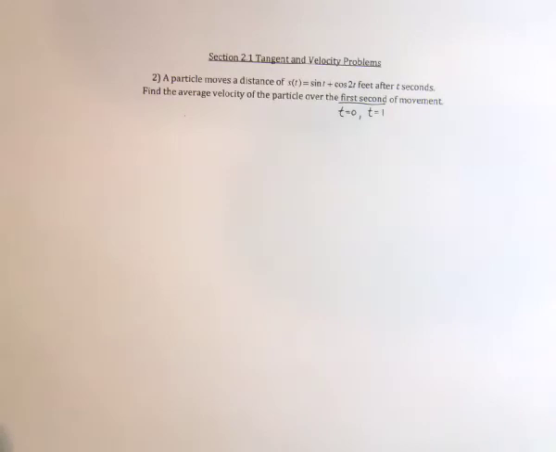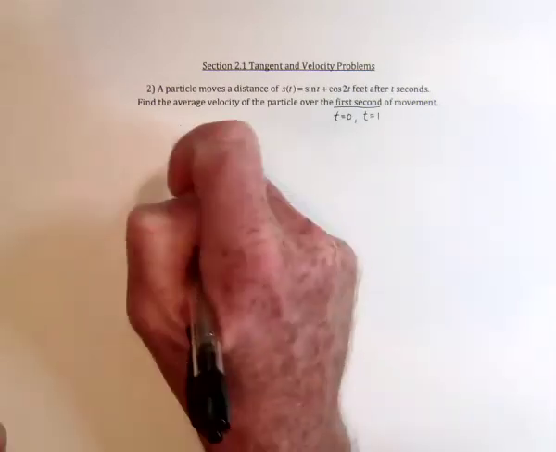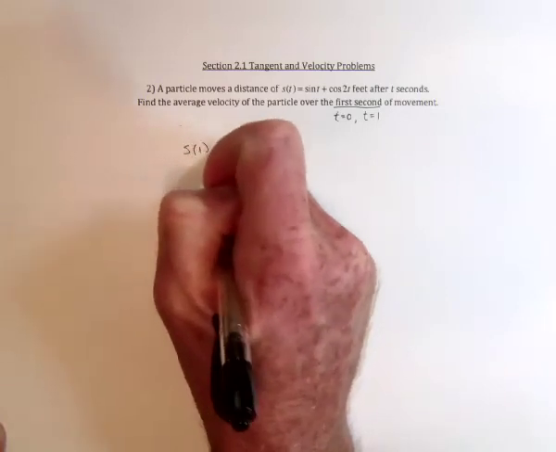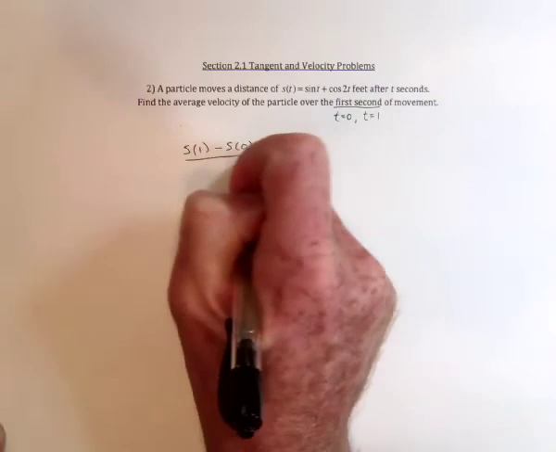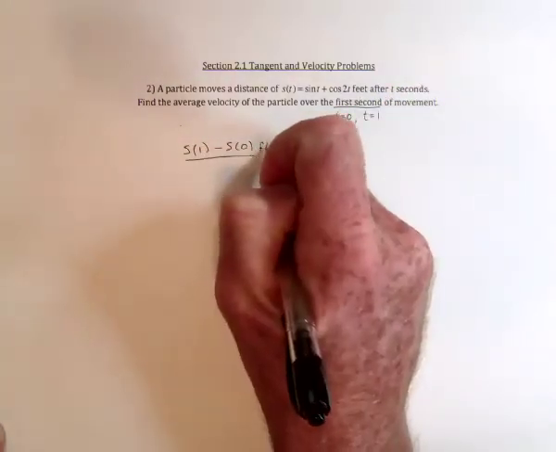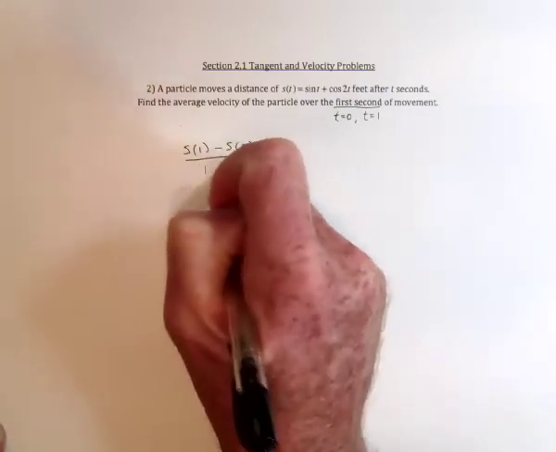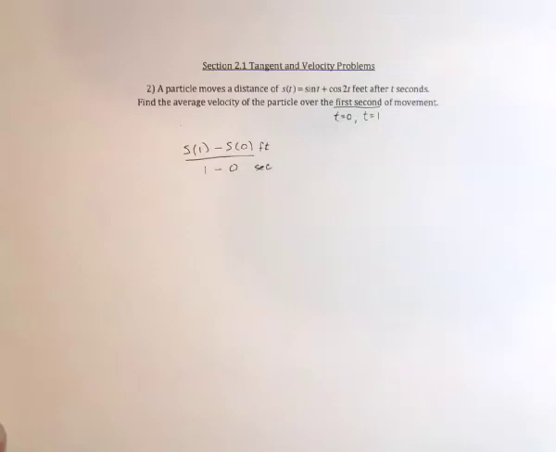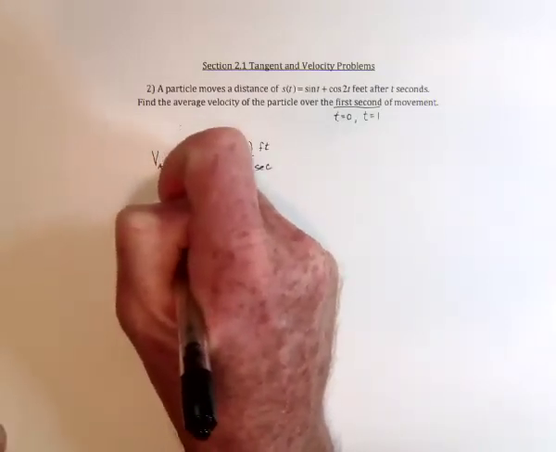So we need to substitute the two values into the function to find out the two heights, and then subtract those two heights. And the directions say this is in feet per second. So that's going to be the average velocity.